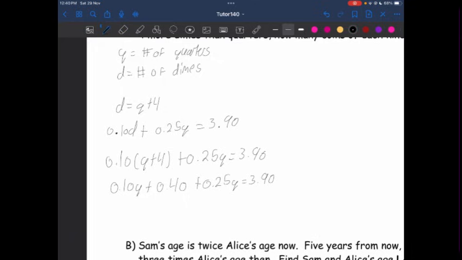Now you're going to add the 0.10 Q and the 0.25 Q. That would give you 0.35 Q. And you're going to send the 0.40 over, and that would be a negative 0.40. So that would be 3.90 minus 0.40.